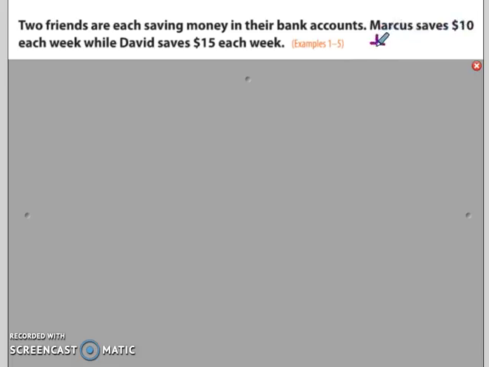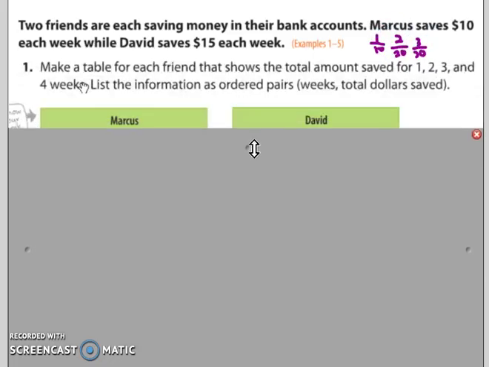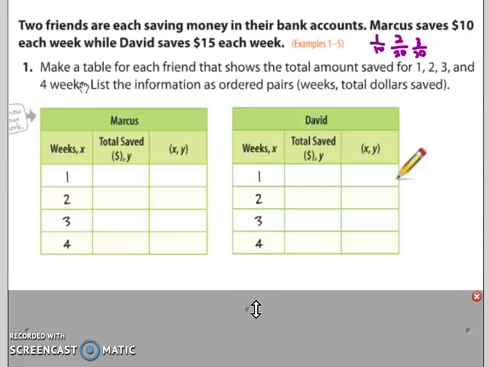So 1 week we're going to have $10, 2 weeks we're going to have $20, 3 weeks we're going to have $30. Do you see how all of these three fractions are proportional? If you were to simplify these, they would still be 1/10. So we're going to make tables that essentially use these proportions.